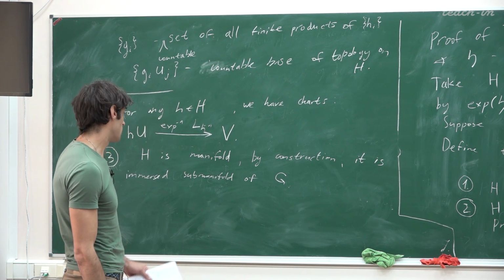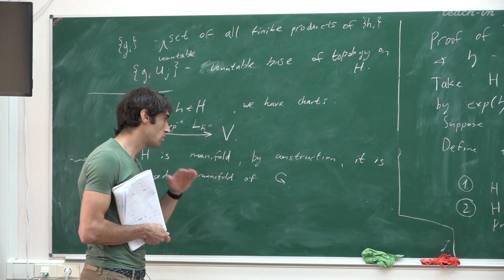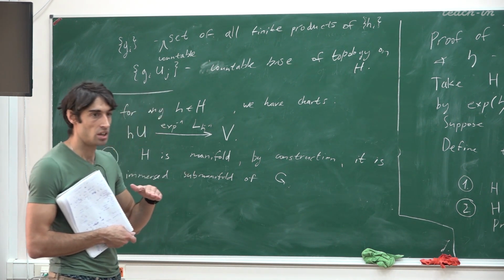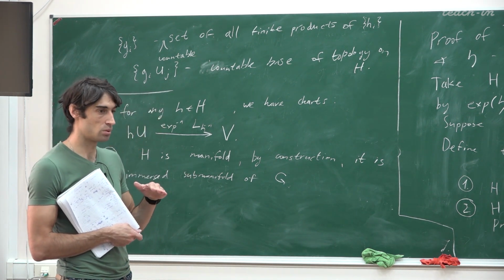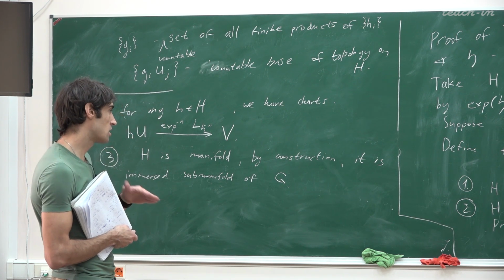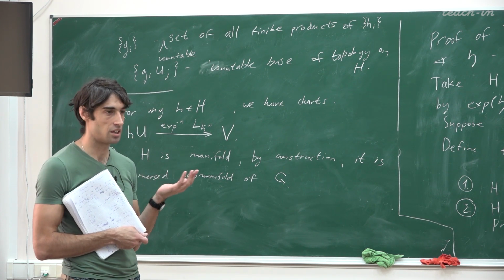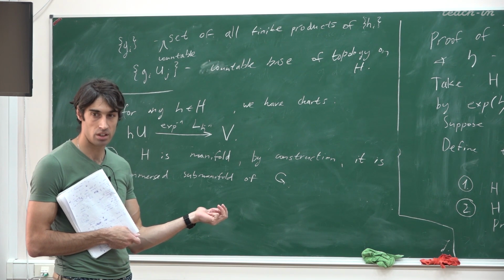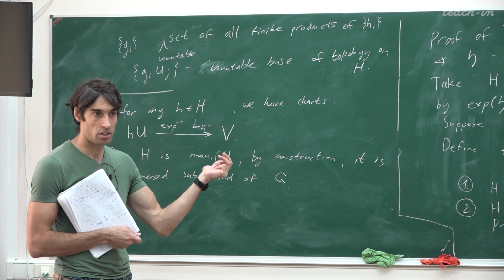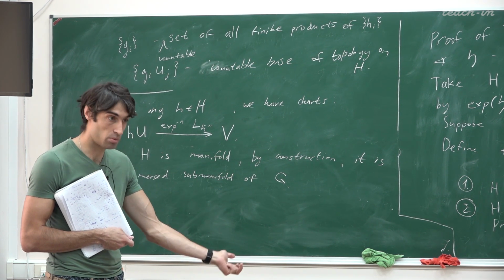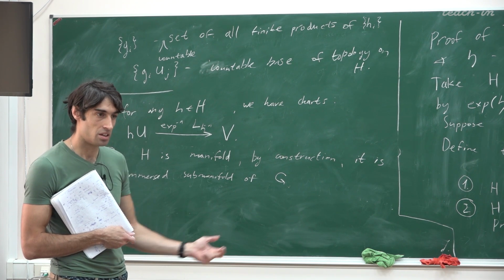What else do we have? Right now I would like to attract your attention to this. I might just stop here because I have an immersed submanifold, and it is a subgroup, right?